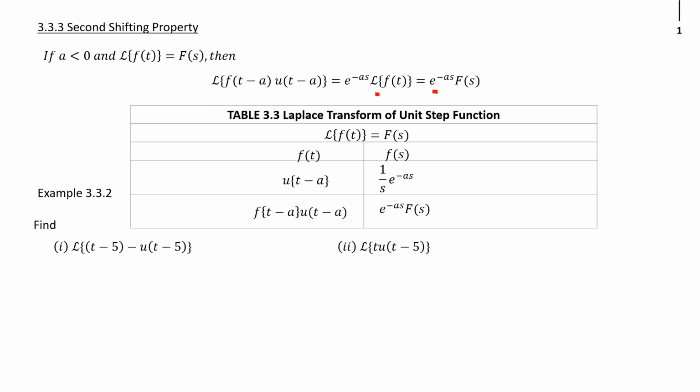Okay, again, this Table 3.3 will be used one more time. And example 3.3.2: find the Laplace transform of (t minus 5) u(t minus 5).